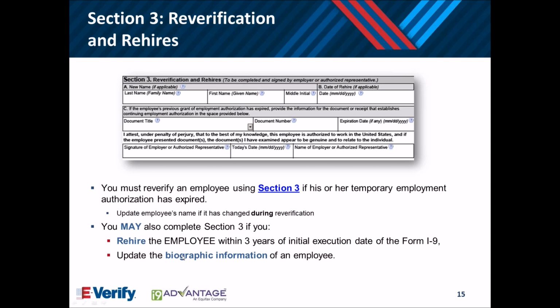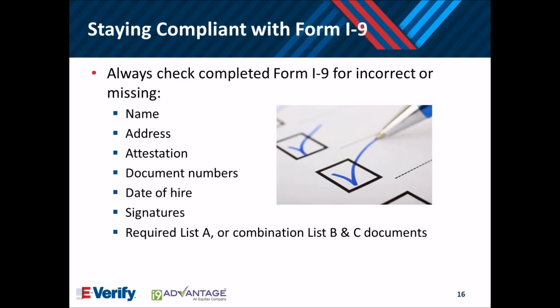But if it's outside of reverification, you can choose to use Section 3 to record those changes as well. Again, you'll notice these two bullets at the bottom are under the may category. You're not required to do this for Section 3, but you may choose to use Section 3 for that. Section 3 must, however, be used for reverification.